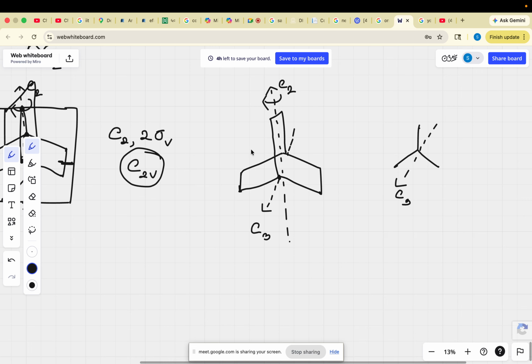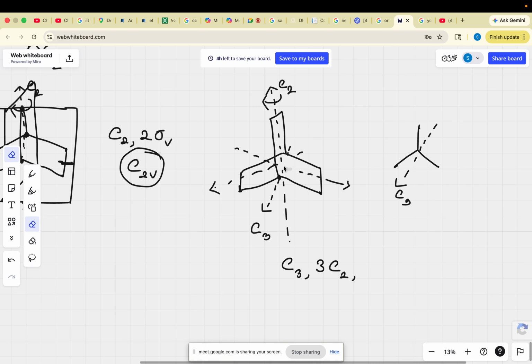That will be one C2. Another C2 you have to place like this through the middle of this plane and the middle of this plane. So these are the three C2s you have. So you have C3 as your principal axis of symmetry and 3 C2 as your subsidiary axes, and apart from that, sigma v is also present.